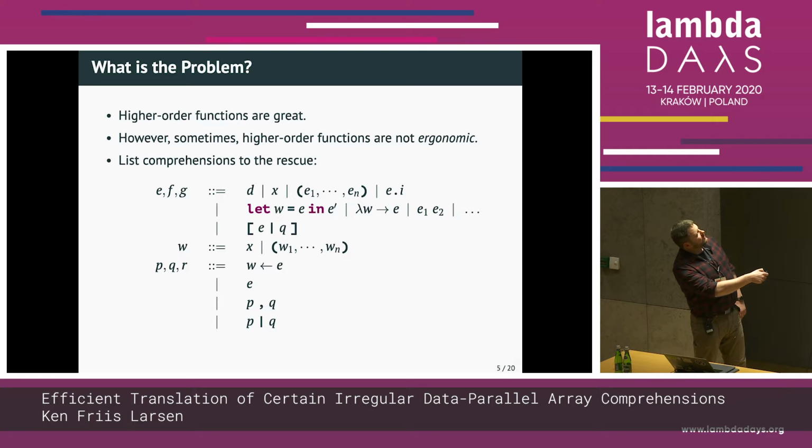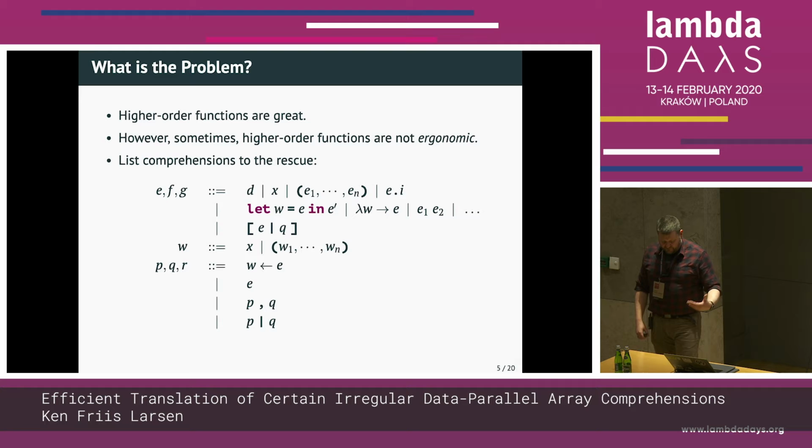And then we have this new expression where we have an expression, a bar, and then a quantifier. And a quantifier is either a binding or it's another expression that's a guard or a filter. And then we have, you might say, Cartesian product, that's a comma. And then we also have the parallel or zip comprehensions from Haskell as well. We concentrate mostly on the standard ones.